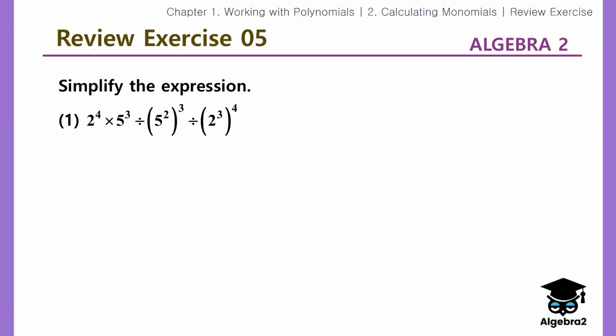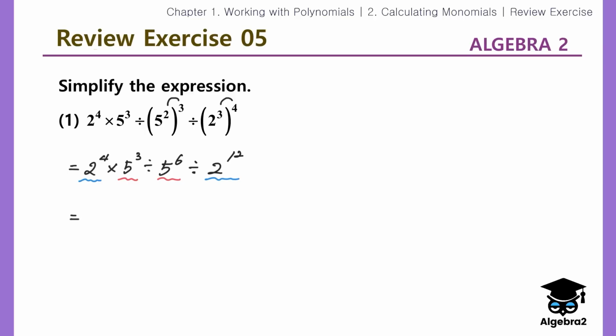So that is equal to 2 to the 4 times 5 cubed divided by 5 to the 3 times 2, that's 5 to the 6. 4 times 3, that's 2 to the 12, right? And we can actually simplify these two numbers because they have the same base 2. And these two numbers, which have the same base 5, right?